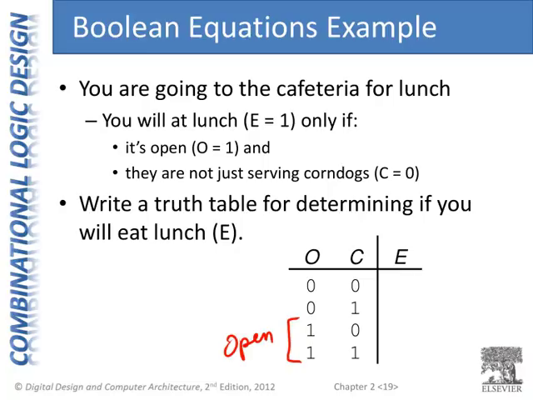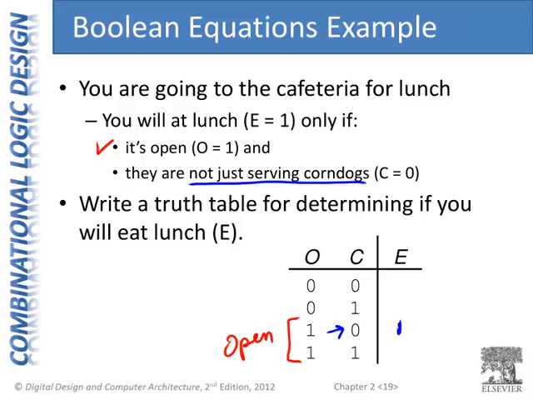So it's open, that takes care of this condition, or those two rows, and they're not just serving corn dogs. So corn dogs only has to be 0 in order for you to eat. So this is the only case where you're going to eat.